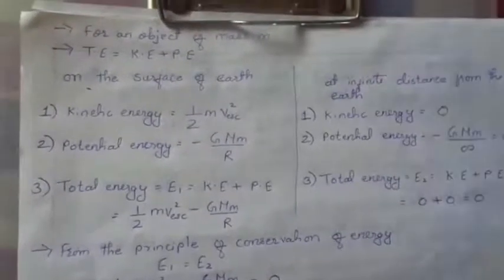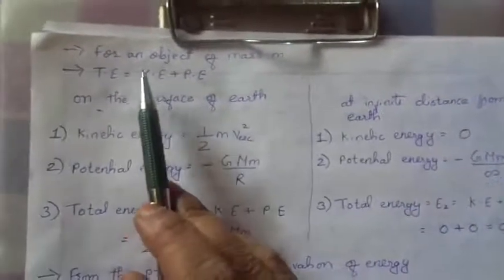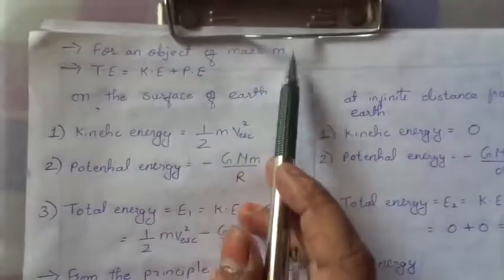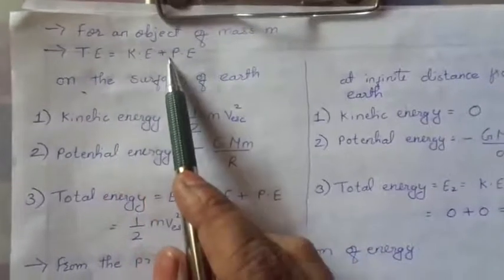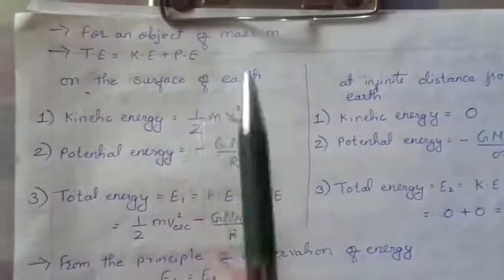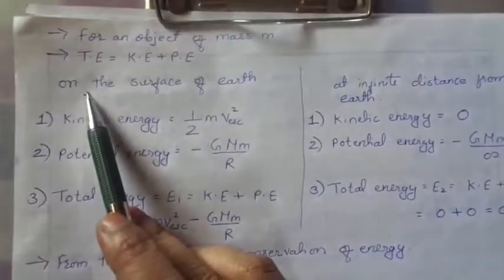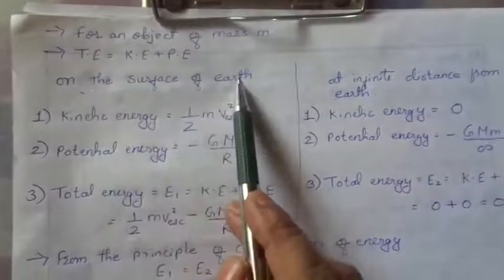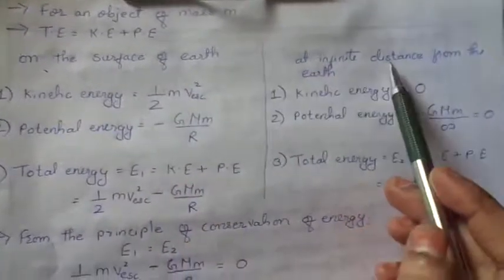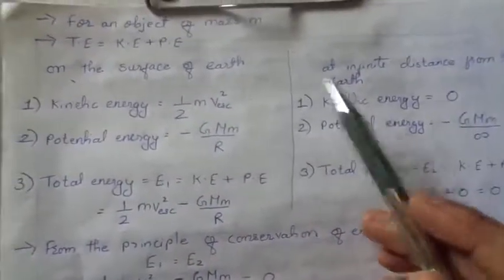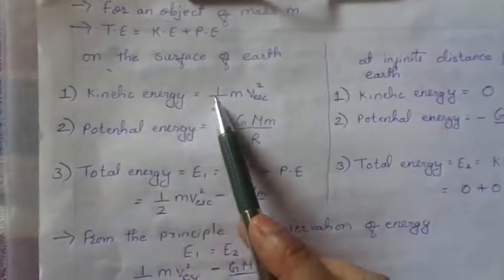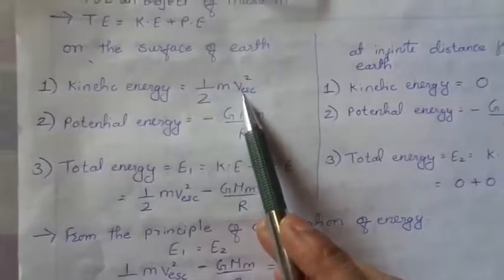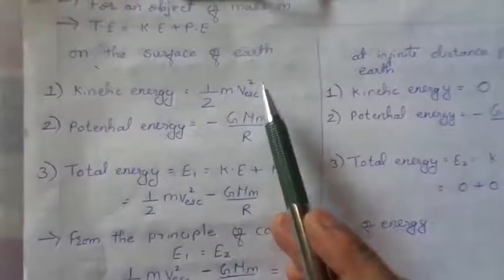So here we are considering an object of mass m. You know that total energy is given as kinetic energy plus potential energy. Here what will be the total energy on the surface of the Earth and at an infinite distance from the Earth? So for the surface of Earth, kinetic energy is half m v escape square.